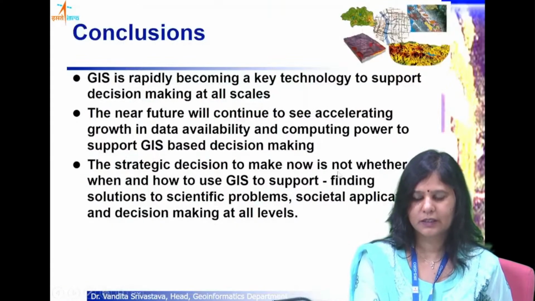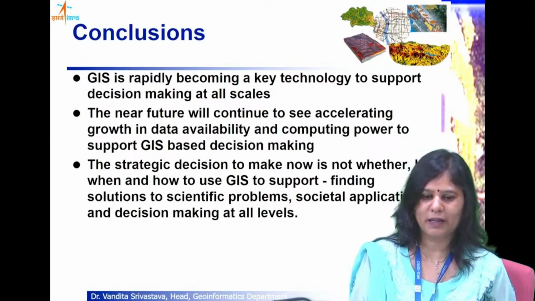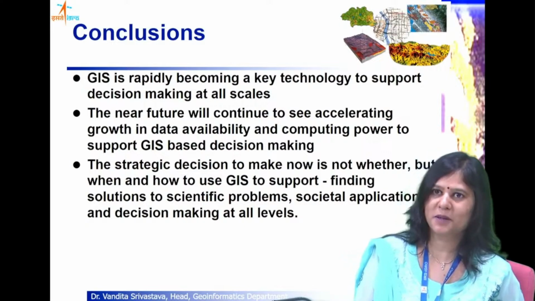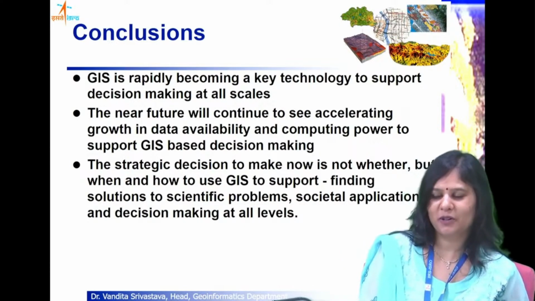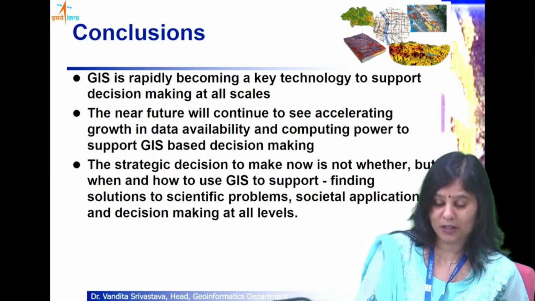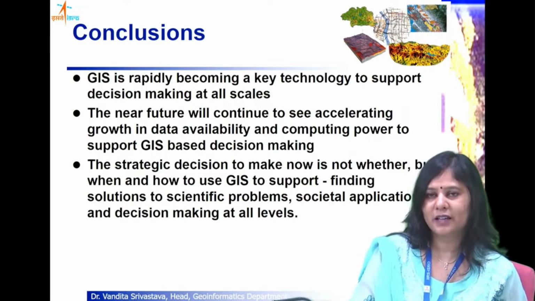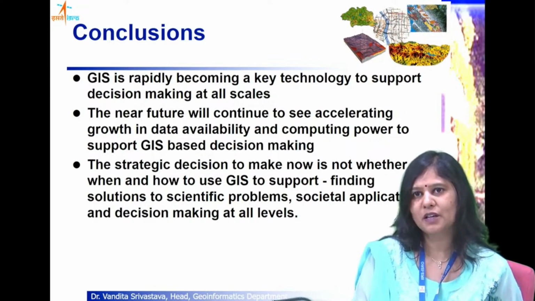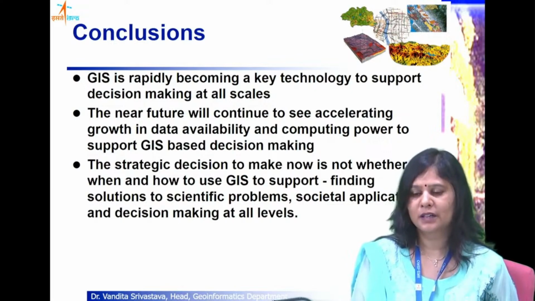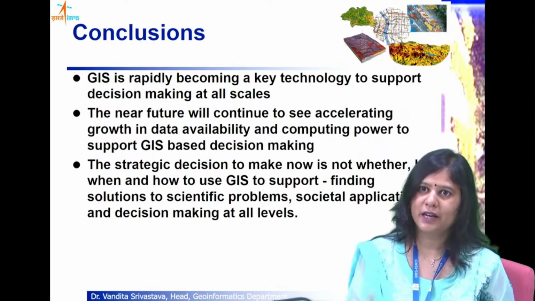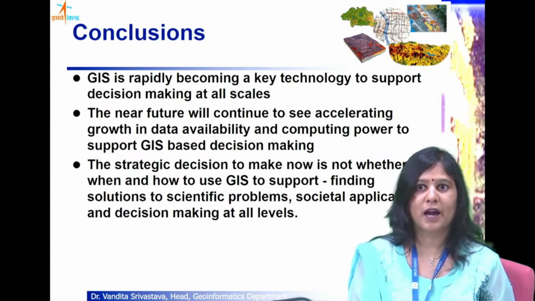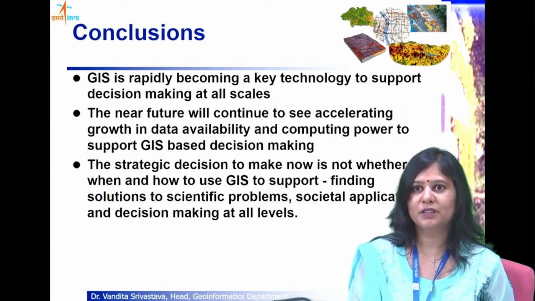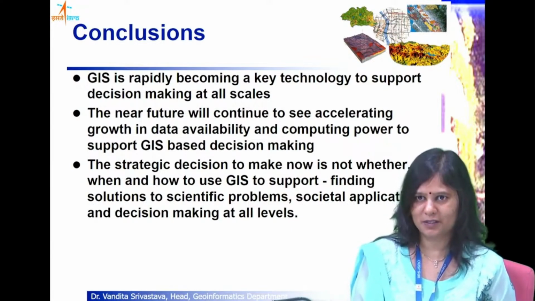So I would like to finally conclude my lecture by saying that GIS is rapidly growing, becoming a key technology to support decision making at all scales. The near future will see continued and accelerated growth in data availability. Already we are getting a lot of data from remotely sensed images, from LiDAR, from drones. So with enhanced computing power and higher internet speeds, GIS is now ready to support decision making.